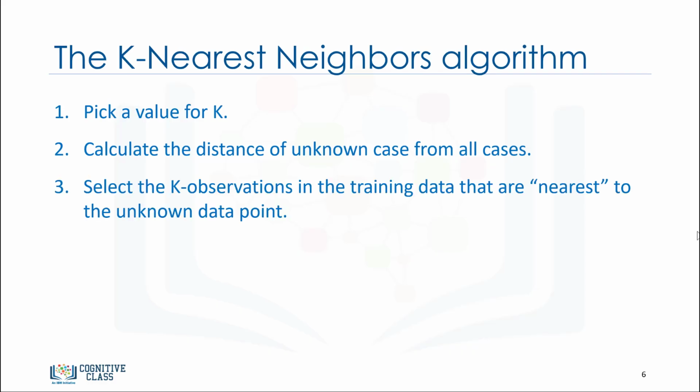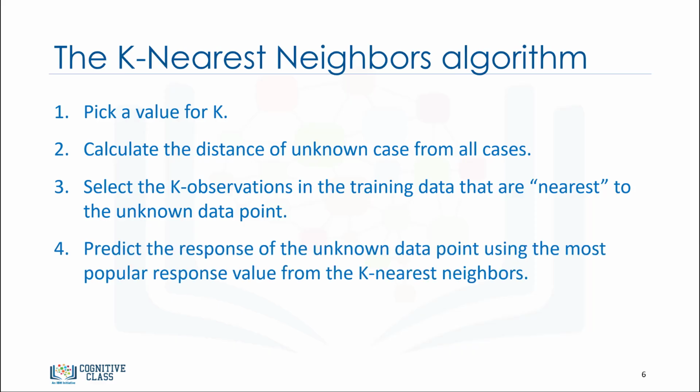Search for the k observations in the training data that are nearest to the measurements of the unknown data point. And 4. Predict the response of the unknown data point using the most popular response value from the k-nearest neighbors. There are 2 parts in this algorithm that might be a bit confusing. First, how to select the correct k, and second, how to compute the similarity between cases, for example, among customers.